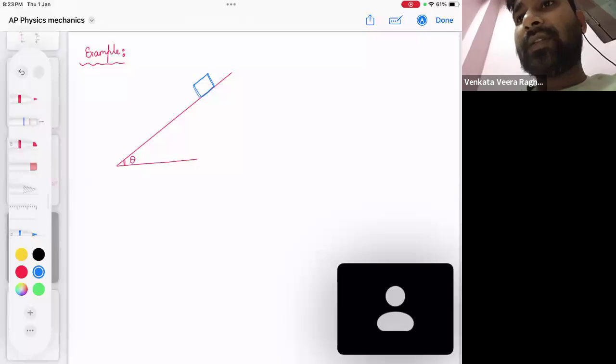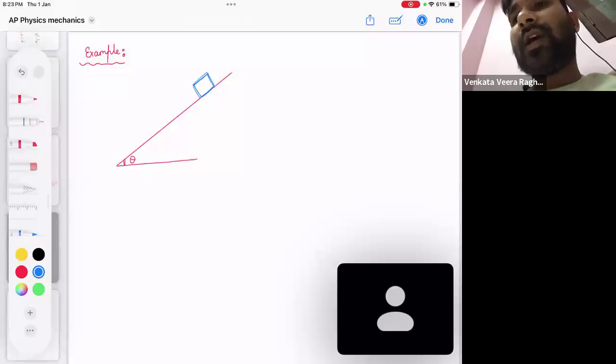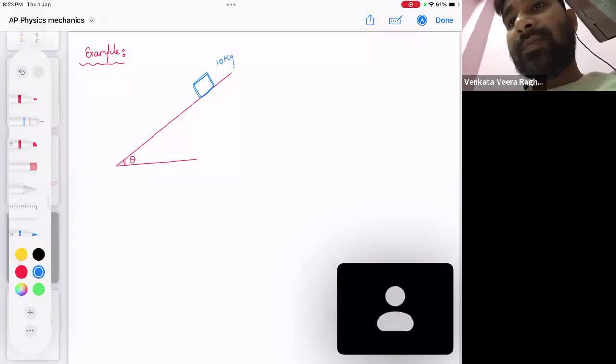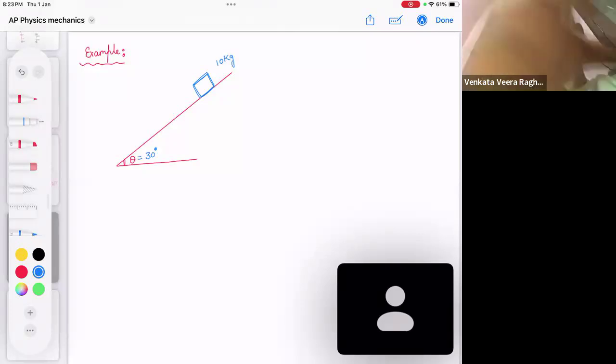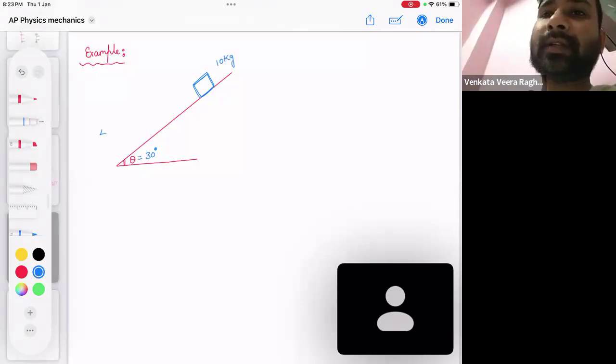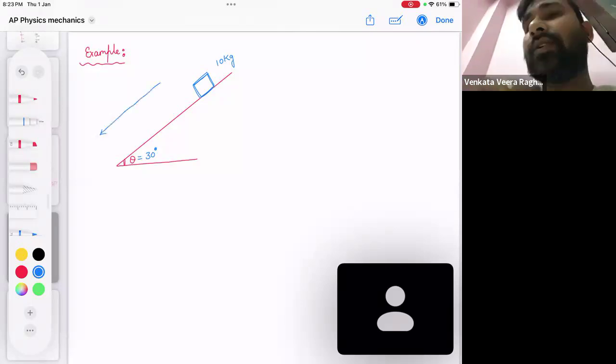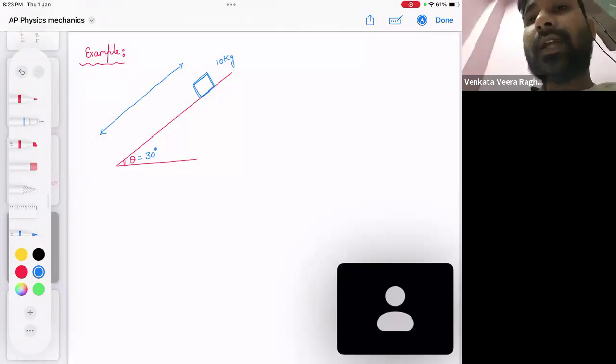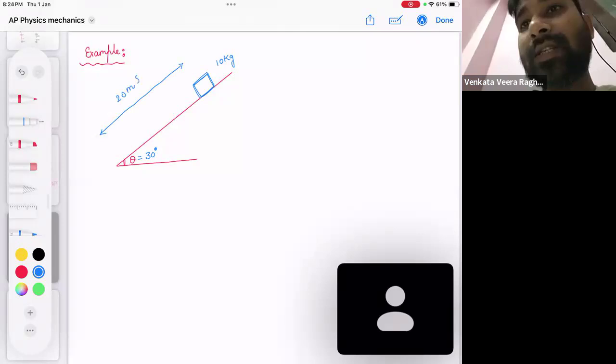Okay, a simple question is given to us: a block of mass 10 kg is kept on an inclined plane of inclination 30 degrees. The block has to travel a distance, let's say 20 meter, and this 20 meter is along the incline.